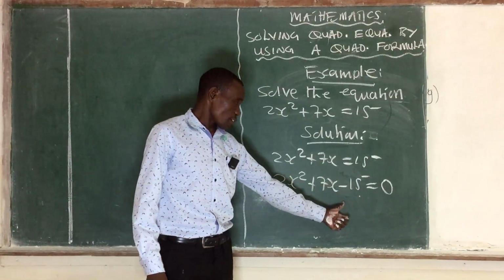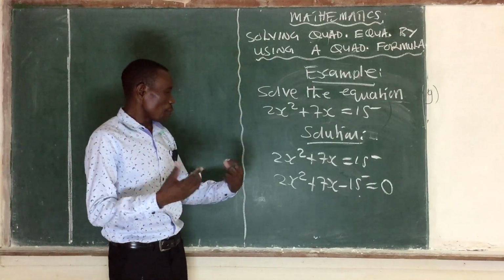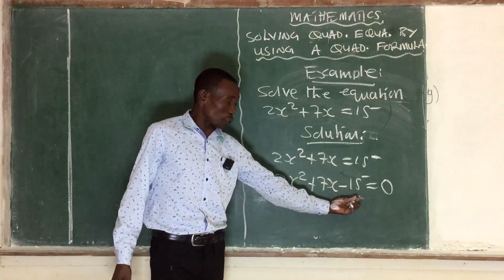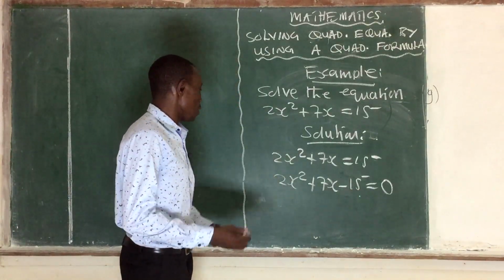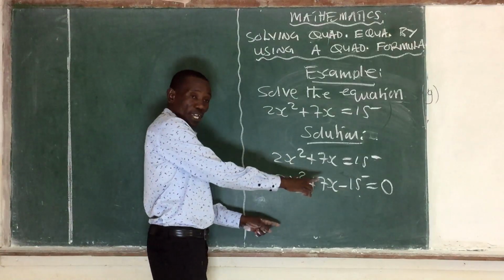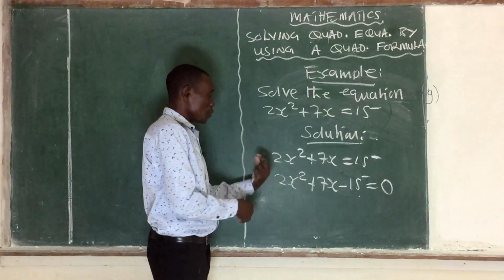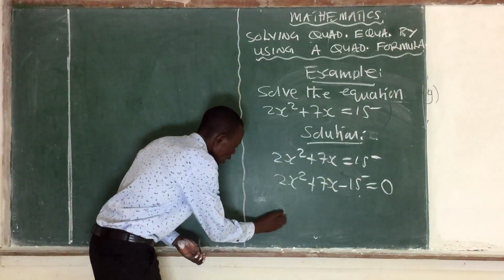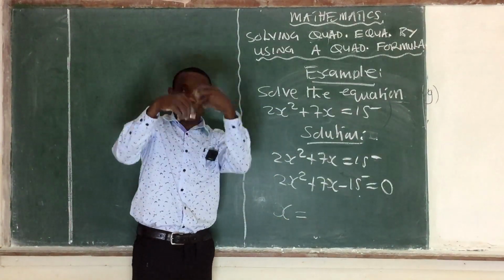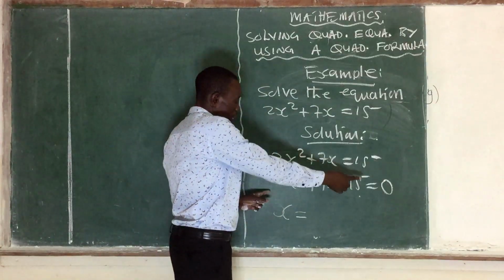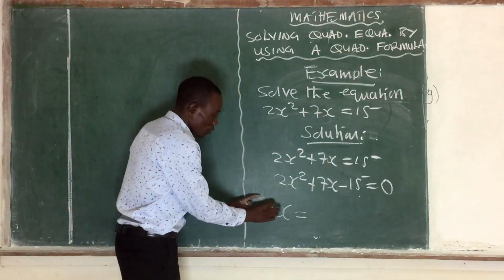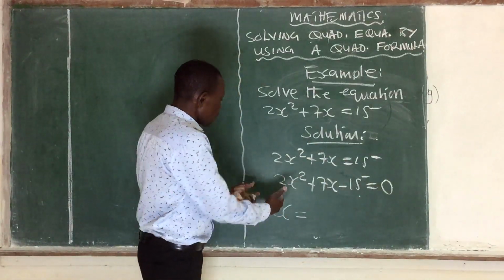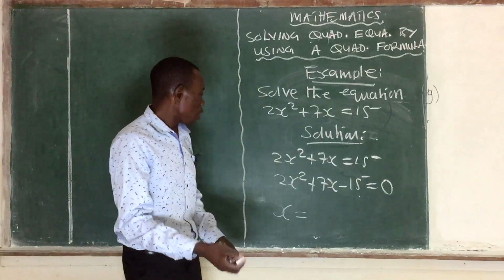Now we come up with the formula so that it matches this equation. In this equation there's a variable x, which means my formula will solve for the value of x, so I write x is equal to the formula we formed. If the equation had a variable y, you would write y instead, and if it had the variable m, you would go by that.